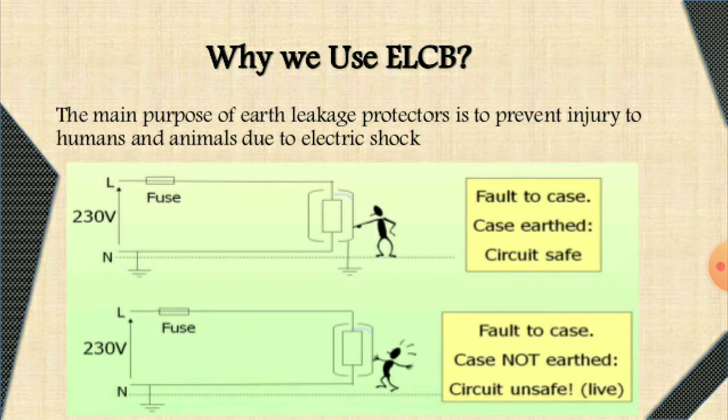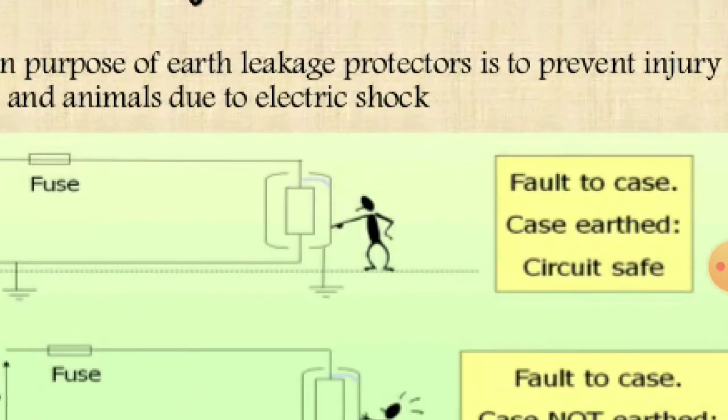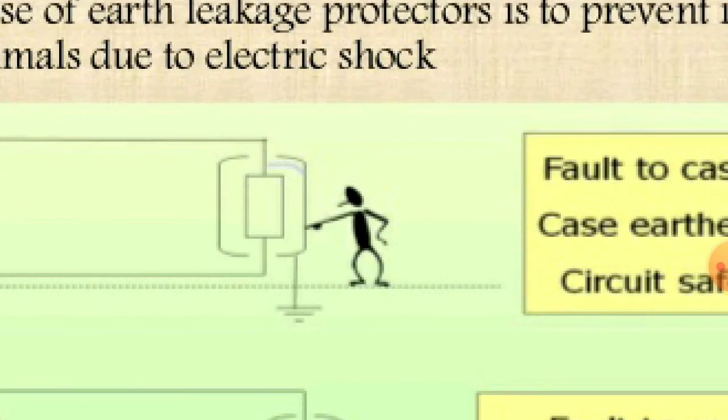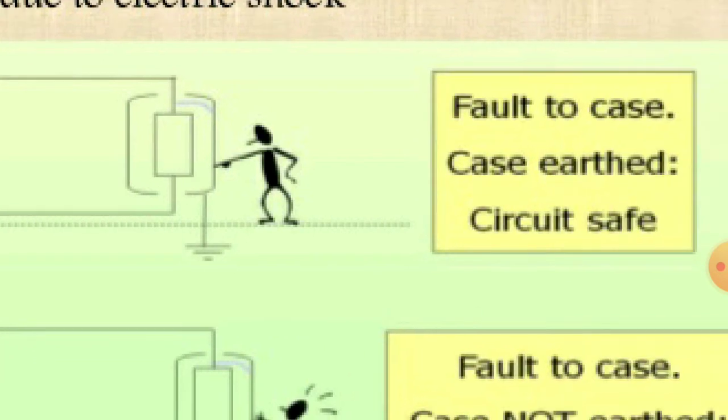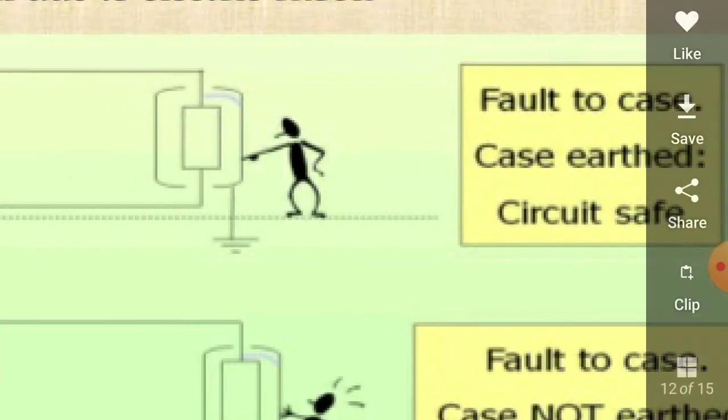The elaboration is given over here. See, you can have a glance over it. In that, a person is touching the case of the electrical equipment, but here the condition is that the case is earthed, hence the operator will not get any shock. We call the circuit safe.